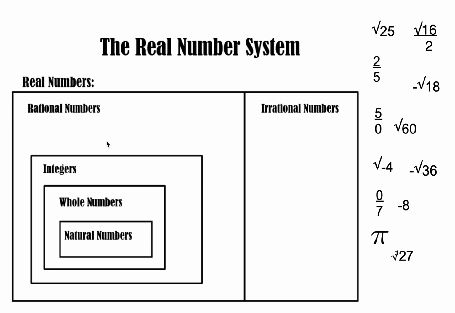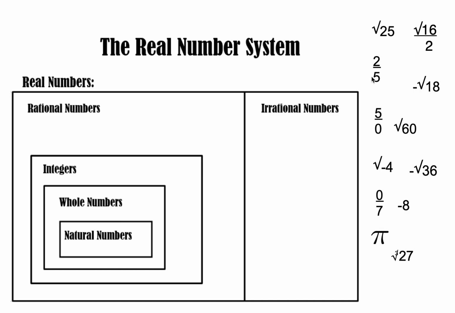If we have a decimal that goes on forever without any repetitions, that's considered an irrational number. And there's no way to write an irrational number as a fraction.